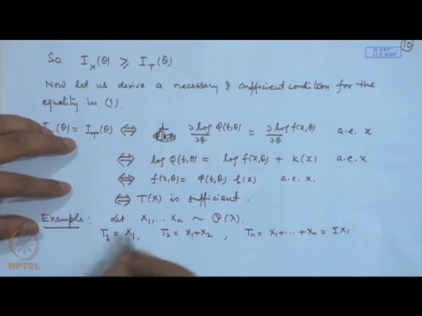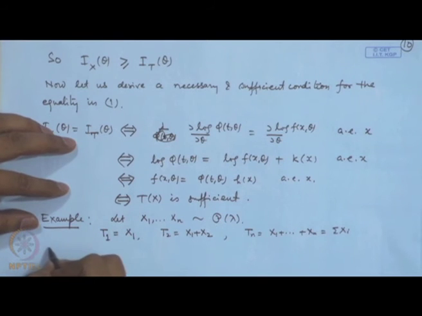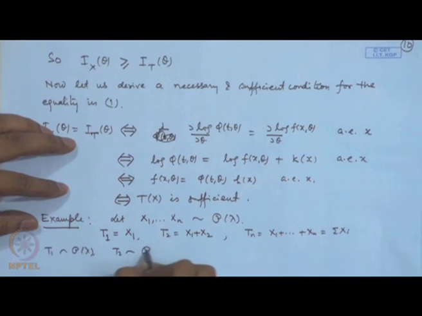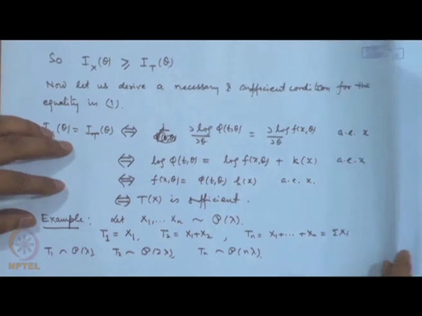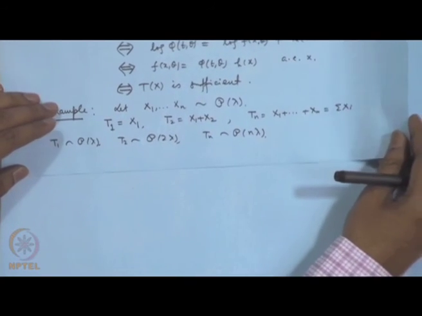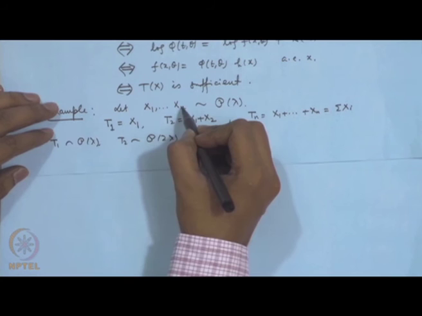In the case of Poisson distribution, we can easily derive the distribution. So, T 1 follows Poisson lambda, T 2 will follow Poisson 2 lambda, and T n will follow Poisson n lambda. Let us independently derive the information in T 1, T 2 and T n, and also let us derive the information in the full sample.